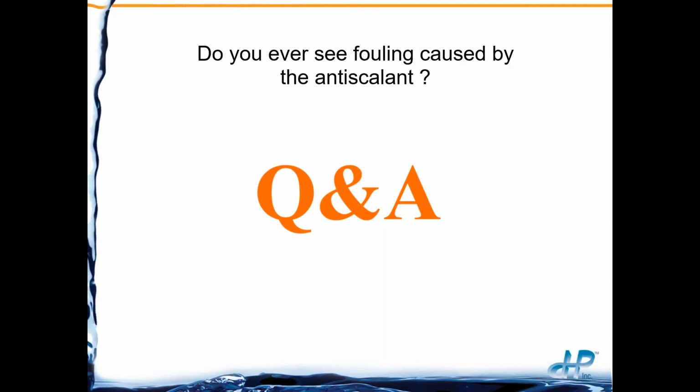Next question. Do you ever see fouling caused by the antiscalant? Antiscalant by itself is a negative charge, long chain, man-made molecule, and RO membranes are a negative charge. So if we slightly overfeed the antiscalant, no problem. It'll just be rejected by the membrane and go down the drain.